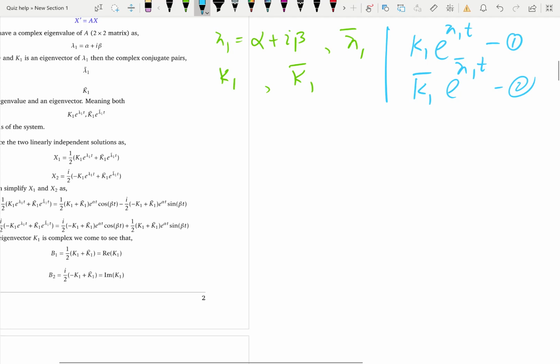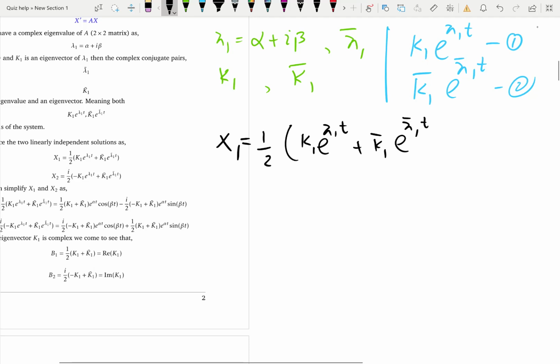Okay, so based on that, I'm going to construct two linearly independent solutions, because for a fundamental set of solutions you need linearly independent solutions, right? That is something that you often forget. So I am going to construct my x1 as one half, it's a constant, times k1 e to the lambda 1 t plus k1 bar e to the lambda 1 bar t.